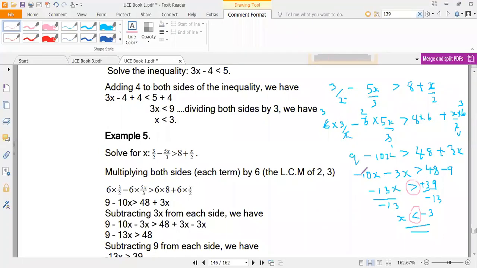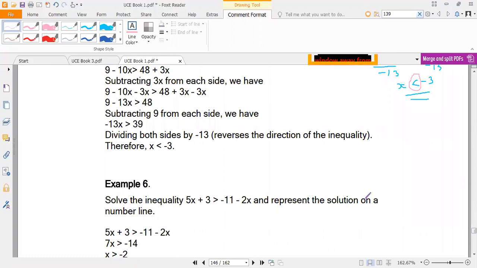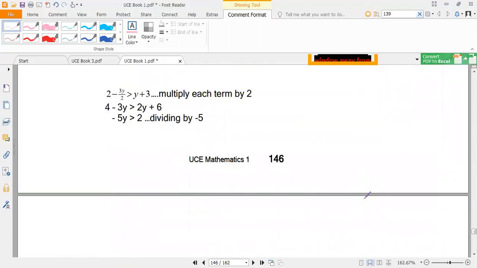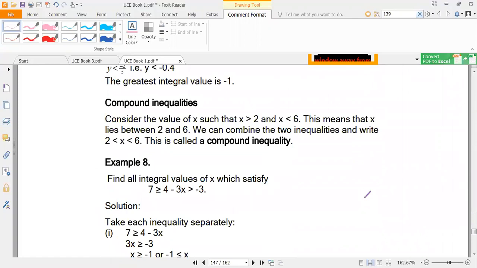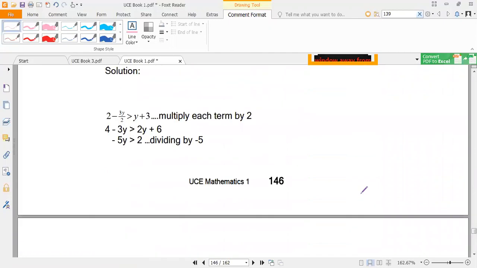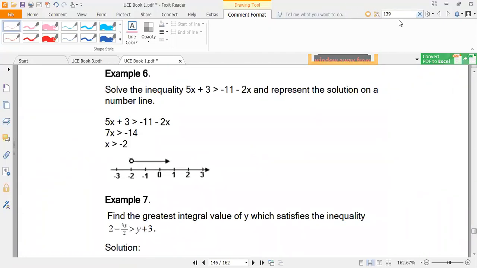Anytime you divide by a negative in inequalities, the sign in the original inequality changes. You can do the same for all other equations. You can also go and try this out in your free time.